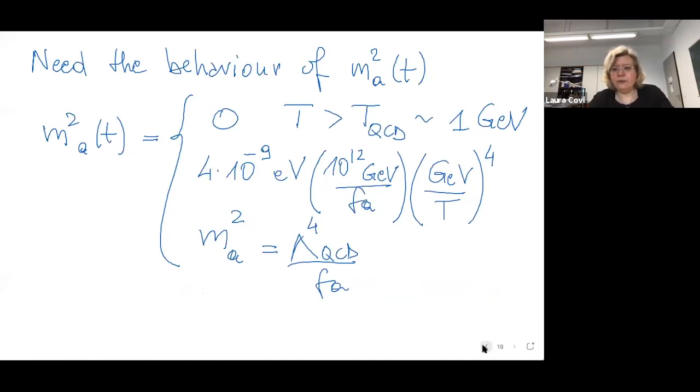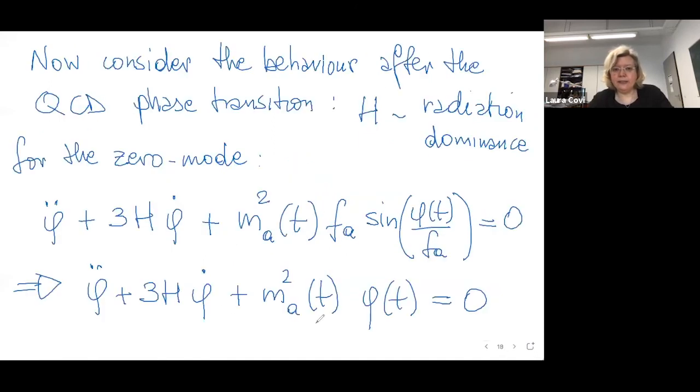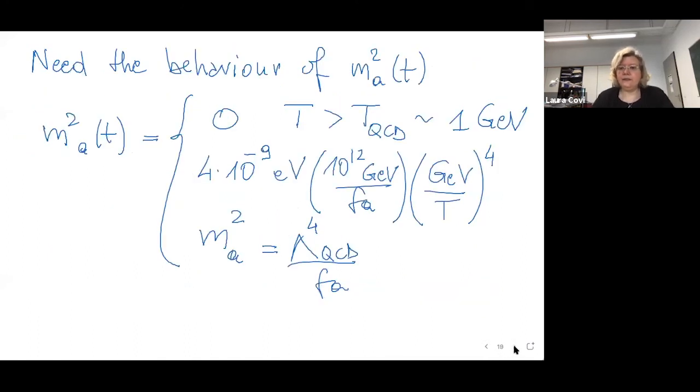Now, from this equation, you can also see that we can actually play a little bit of a trick and take out, if you want, this 3H phi dot dependence. Indeed, this is exactly what we can try to do. So we see that we had already the behavior before. Well, I can give you the result because I practically know what it is.